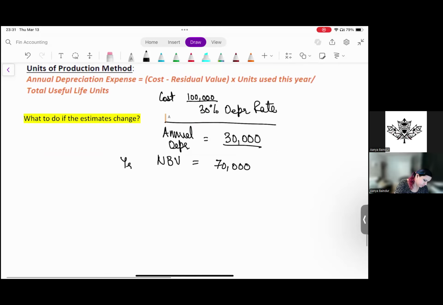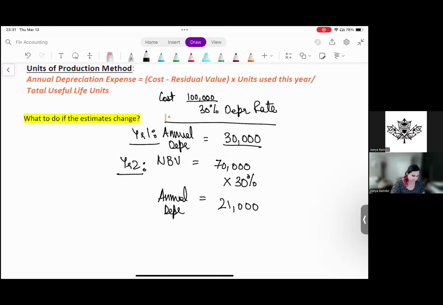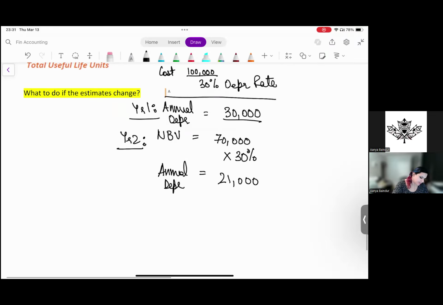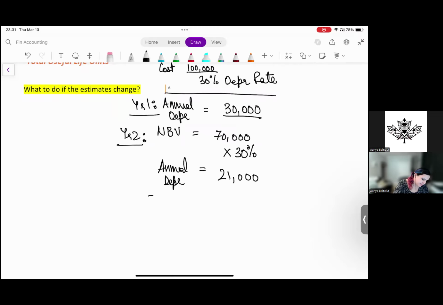Now for year two, we start at 70,000 as a net book value. Again, let's multiply that by 30%. That gives us an annual depreciation of 70,000 times 0.3, which gives us 21,000. Now that we have that, we again find the net book value.